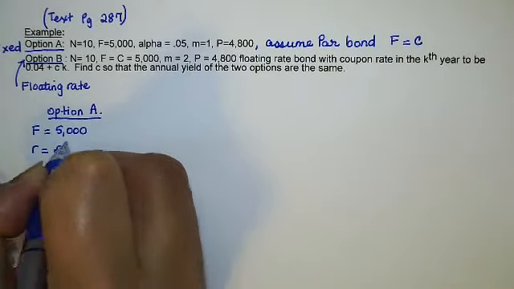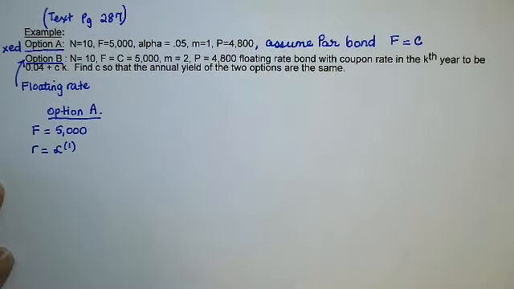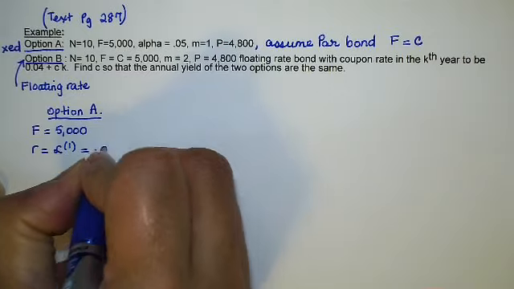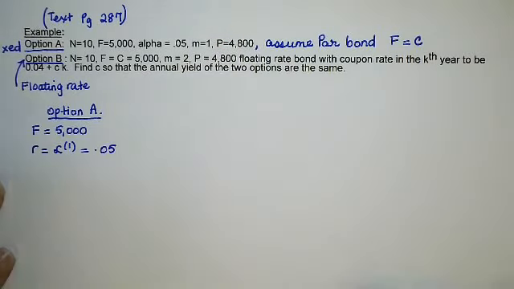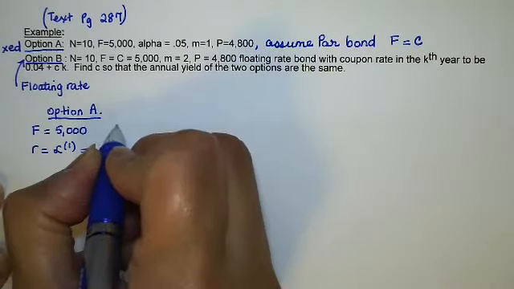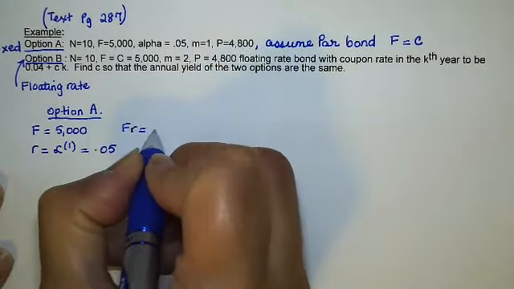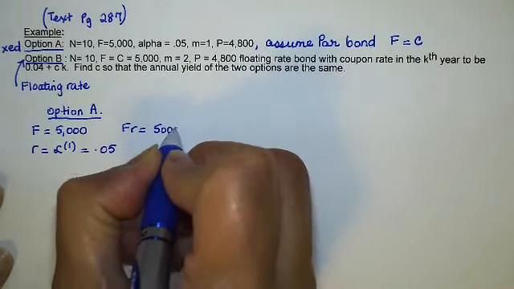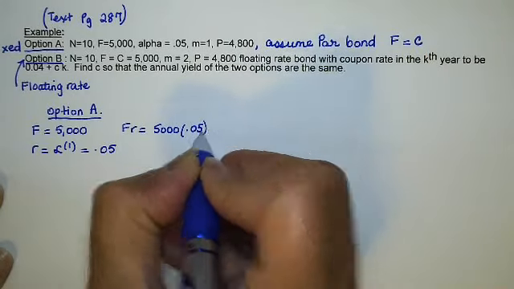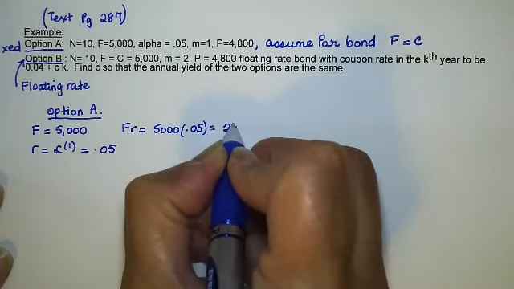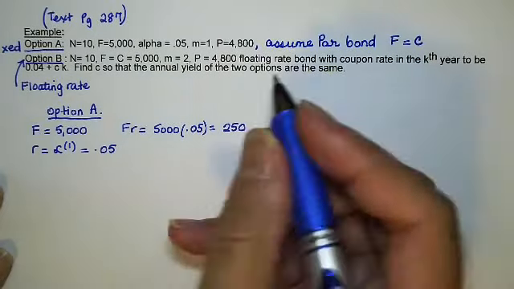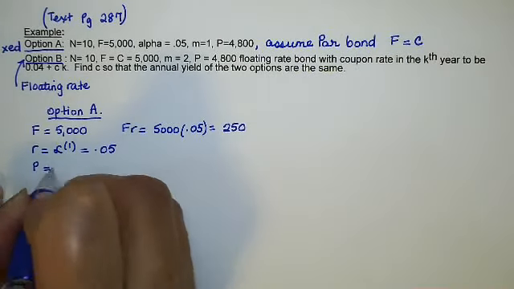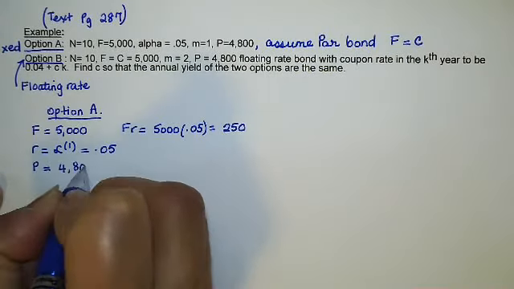F is equal to 5,000. R is equal to alpha 1. And that's 0.05. Therefore, FR is equal to 5,000 times 0.05, which is 250.